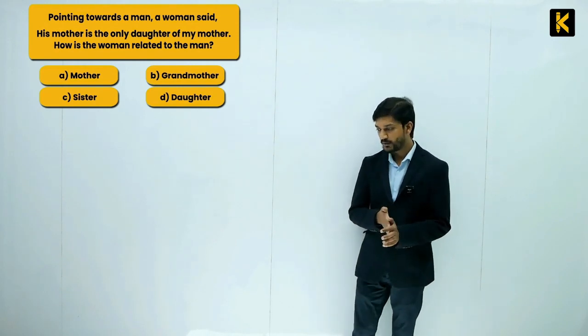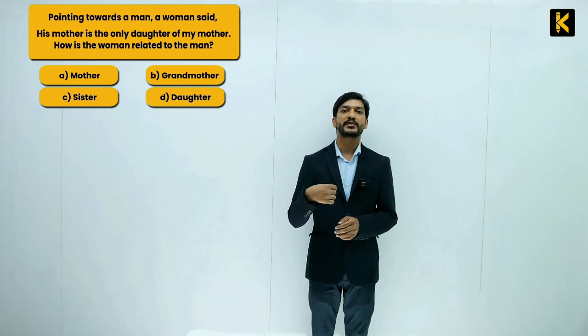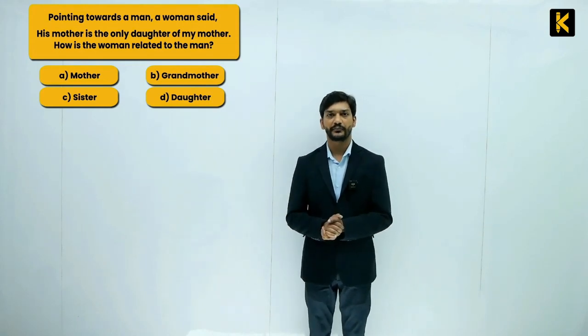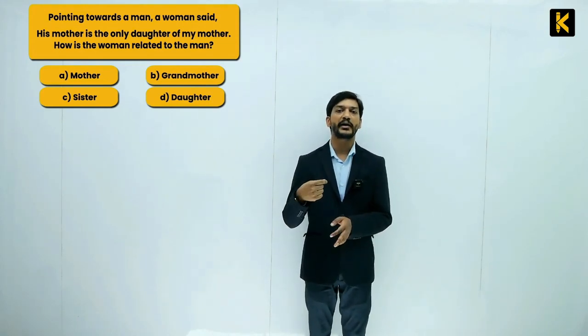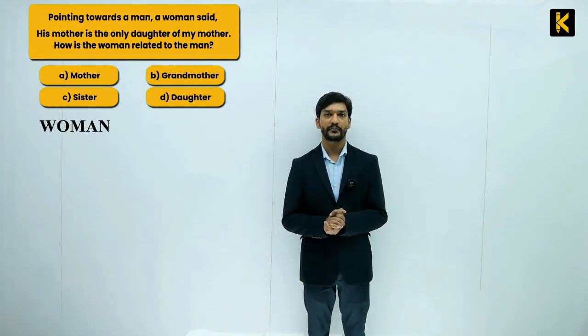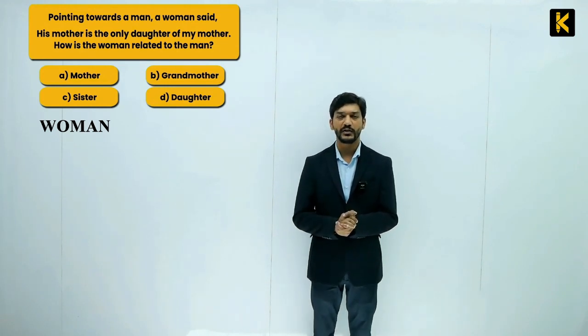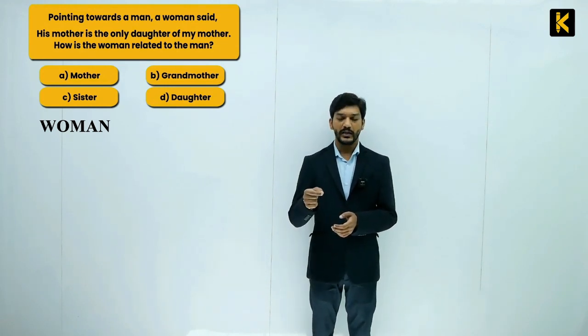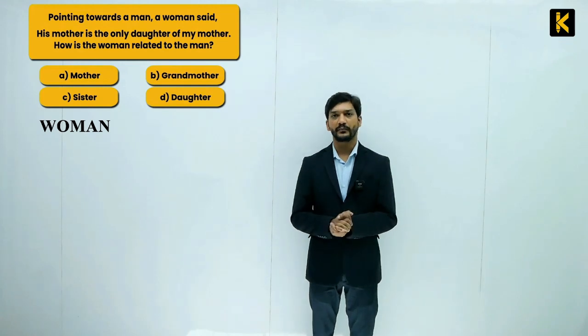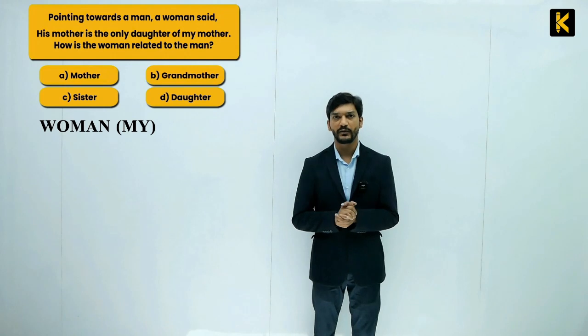So the question is, how is the woman related to the man? Again, whatever statement is given, first we have to see which person made the statement. The person who made the statement is a woman. The name is not mentioned. So that woman, if she is speaking, will use the word my for herself.